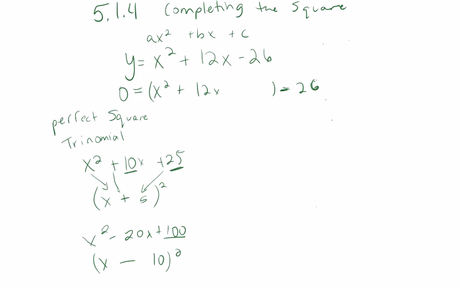So factored, the first one is x plus 5 squared, or x plus 5 times x plus 5. And this one is x minus 10 squared, which is the same as x minus 10 times x minus 10. So this little explanation of a perfect square trinomial is what we're going to be creating when we complete the square. Do you understand why it's called completing the square? Because we are going to give this number to make this all be true.